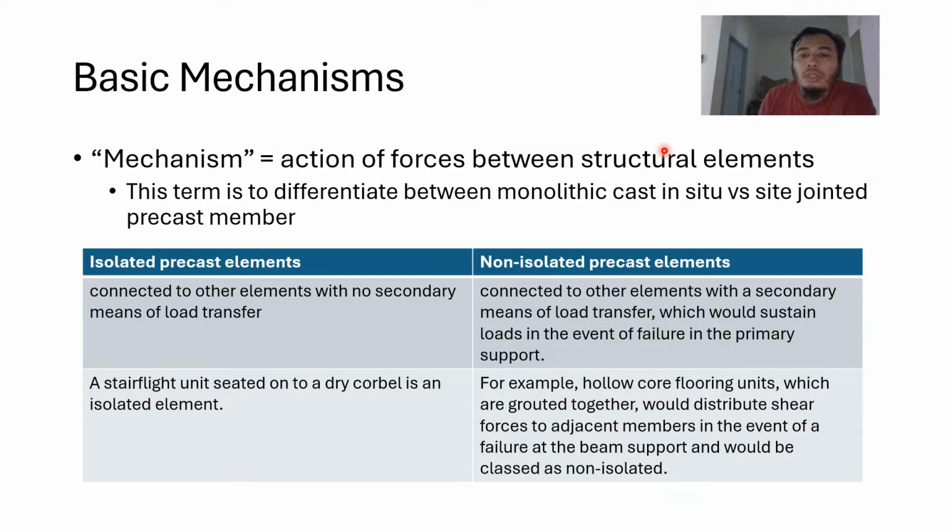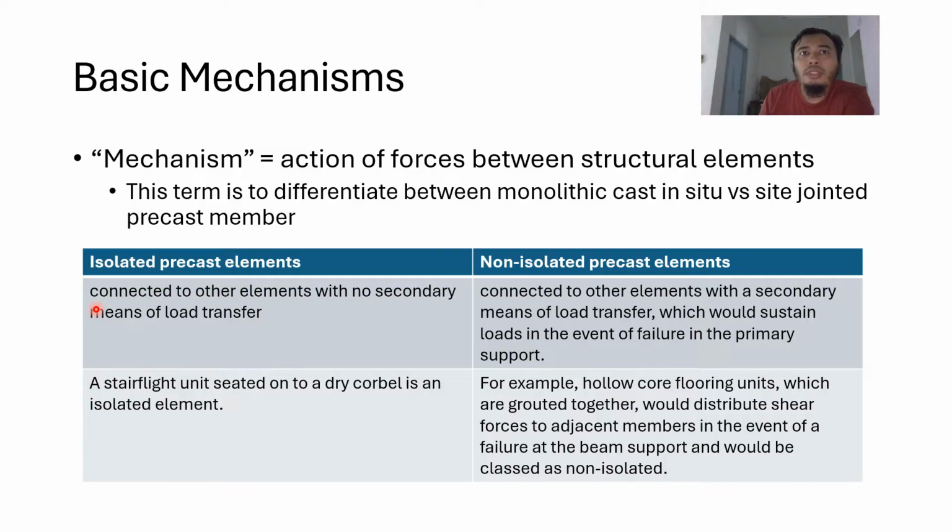So in the precast element, you have an isolated precast element and a non-isolated precast element. Isolated precast element is when the element is connected to other elements with no secondary means of load transfer. So there is no alternative means of load transfer.